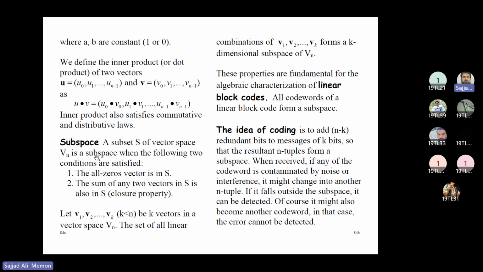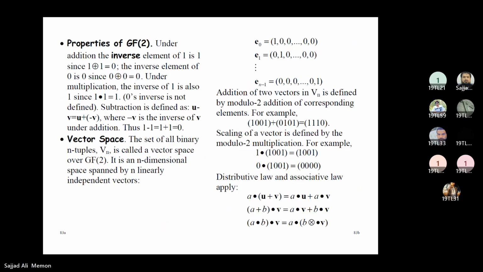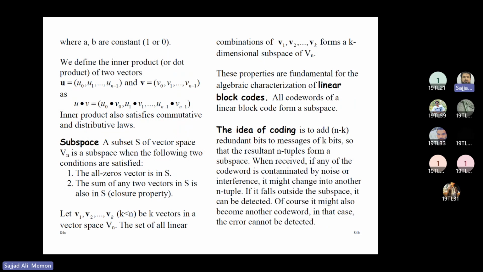And then we have subspace. So that was the vector space. In subspace, a subset S of vector space Vn is a subspace when the following two conditions are satisfied. Vn is a larger vector space of total n-tuples.